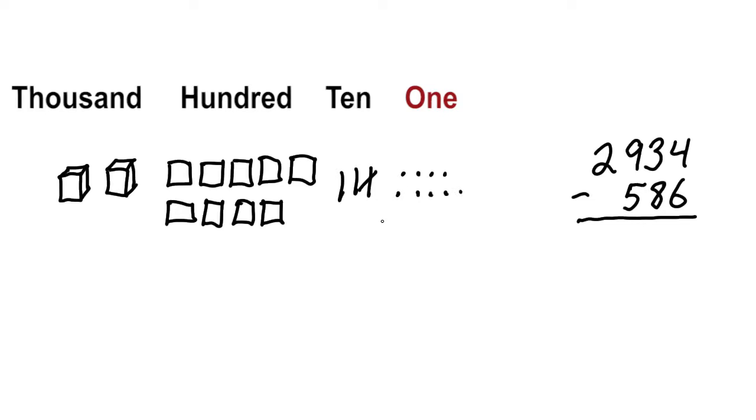Next to it, we'll write the algorithm as we do the drawings. 2,934 subtract 586 and the equal sign. So we will have to take away 6 ones. Since there are not 6 ones, we can decompose one of the 10s into 10 ones, which now belong in the ones column. Now we have 14 ones and can take away 6, leaving 8 ones.